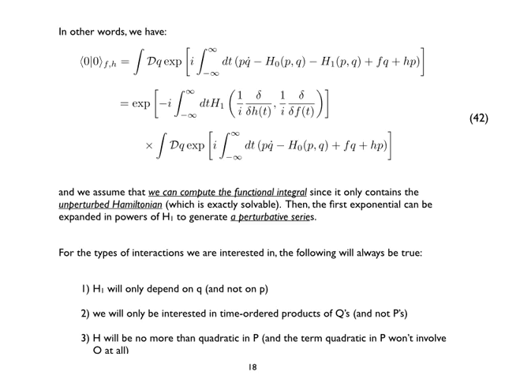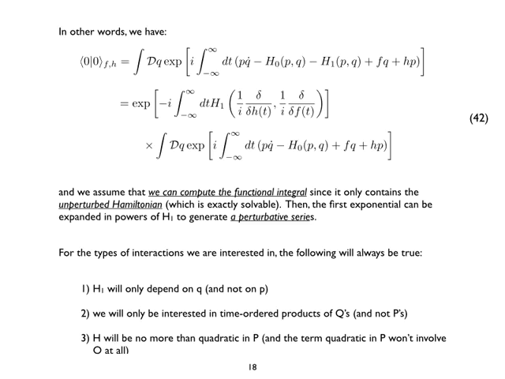Yeah, but from now on, forget about the hydrogen atom. From now on, we're only going to have these guys that depend on Q. Okay, so that means that this H1 is only going to be a function of the functional derivative with respect to F. The other important thing is that we're only going to be interested in time-ordered products of Q's, not P's.